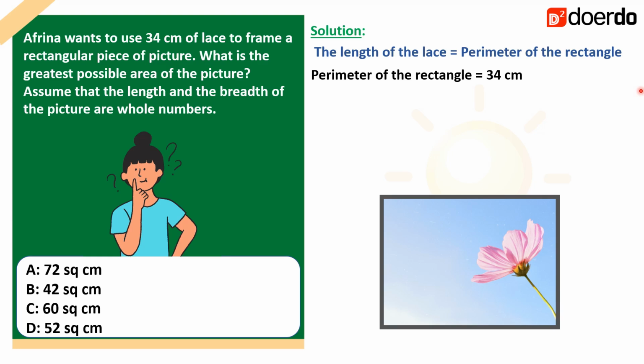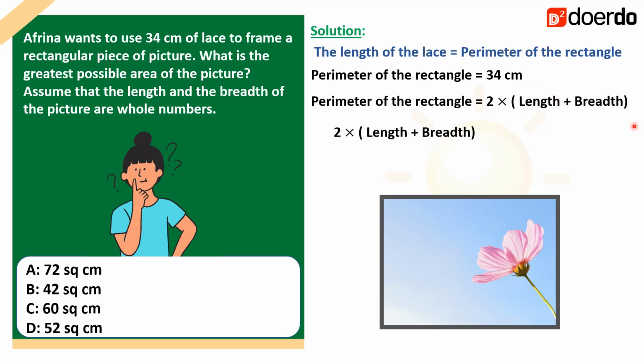We know the perimeter of the rectangle formula is 2 into (length plus breadth). Now we are going to equate these two values. That is, 2 into (length plus breadth) equals 34 centimeters. Length plus breadth equals 34 centimeters divided by 2, which is equal to 17 centimeters.